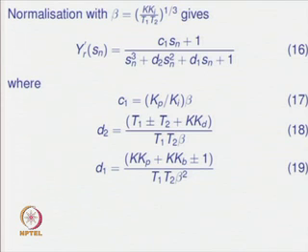Now, normalization with beta equal to Ki upon the cube root of T1 T2 gives the standard third order transfer function YR dash Sn equal to (C1 Sn plus 1) divided by (Sn cubed plus d2 Sn squared plus d1 Sn plus 1), where C1 is equal to Kp upon Ki times beta, d2 is equal to (T1 minus T2 plus Kd) upon T1 T2 beta, and d1 is equal to (Kp plus Kb minus 1) divided by T1 T2 beta squared.